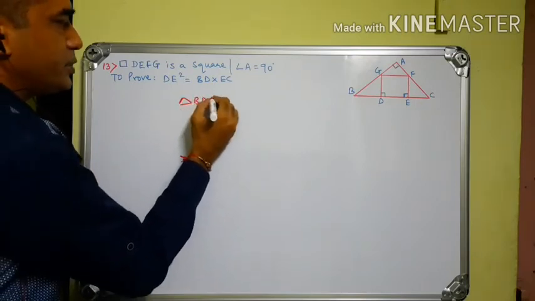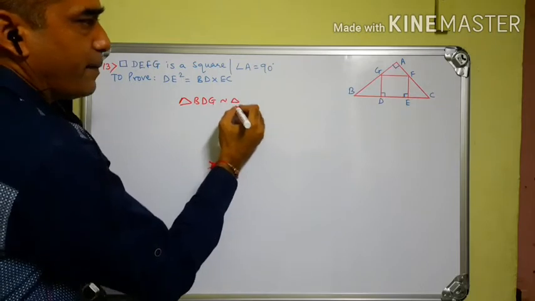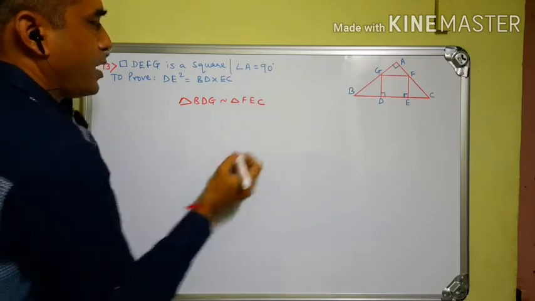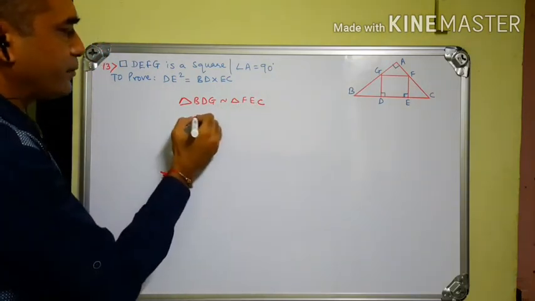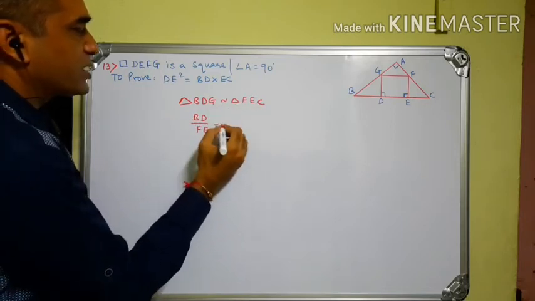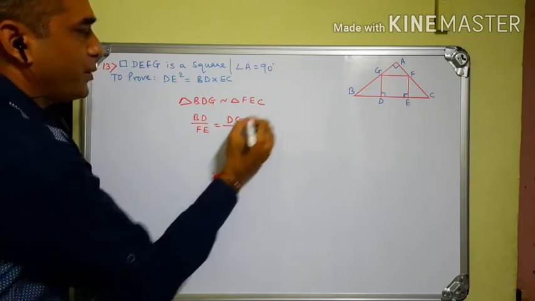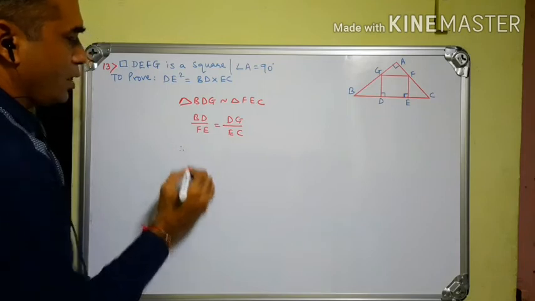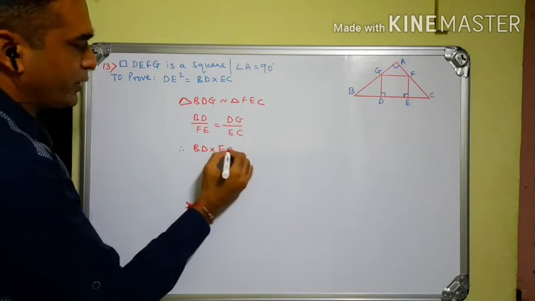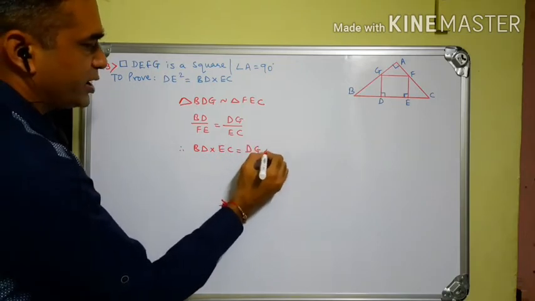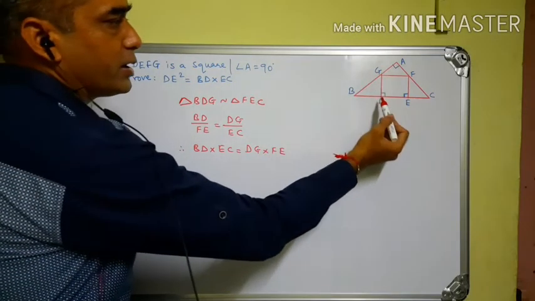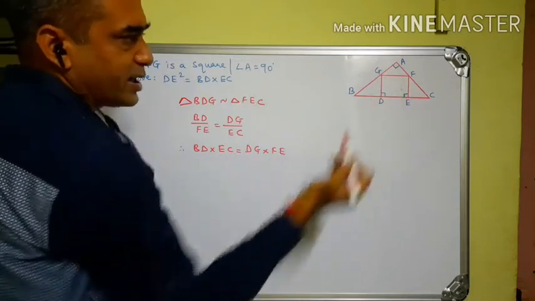Triangle BDG similar to triangle FEC. अब इससे क्या होगा, ये ट्राइंगल सिमिलर होने से हम लिख पाएंगे कि BD अपॉन FE इक्वल्स टू DG अपॉन EC. तो therefore BD into EC equals to DG into FE. अब लेकिन ये क्वाड्रिलेटरल DEFG स्क्वायर है, सो ऑल साइड्स आर इक्वल.